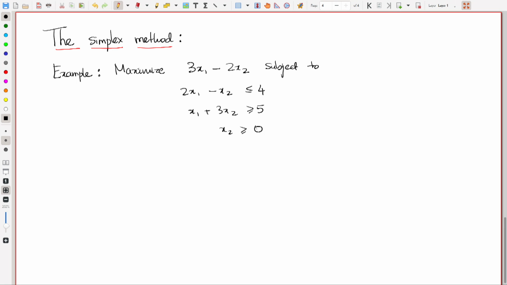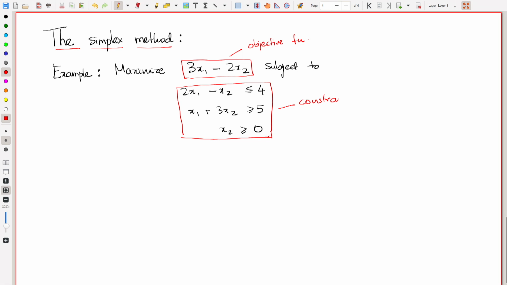This is called the objective function. These are the constraints. The objective function is linear in the variables x1 and x2, and the constraints are linear inequalities in the variables.